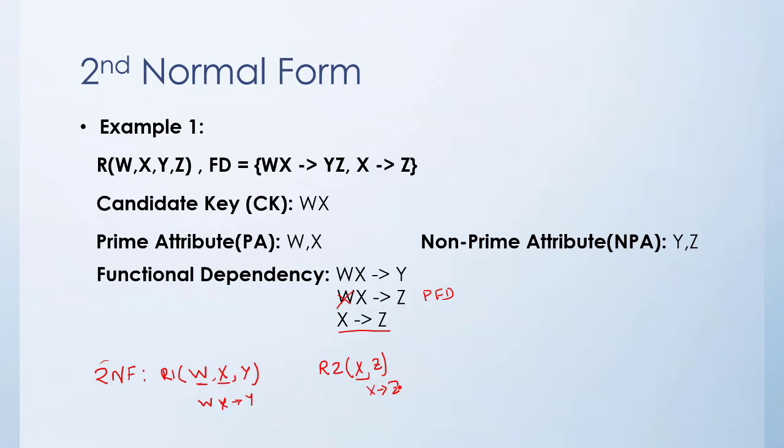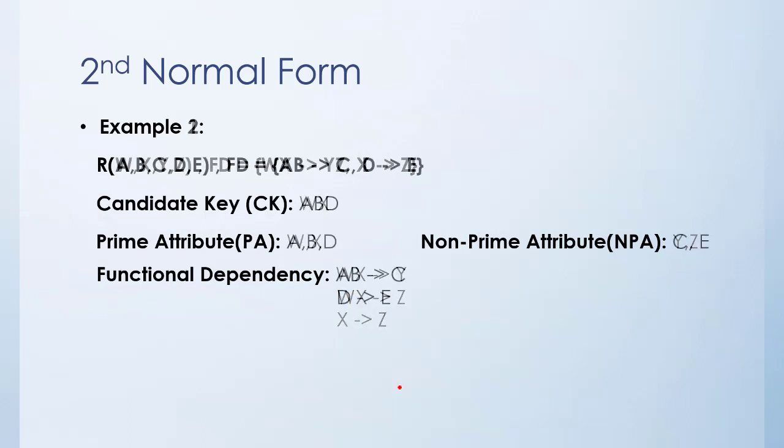Similarly, in R2, the non-prime attribute Z is fully functionally dependent on the candidate key, that is X for R2. Let us take another example.